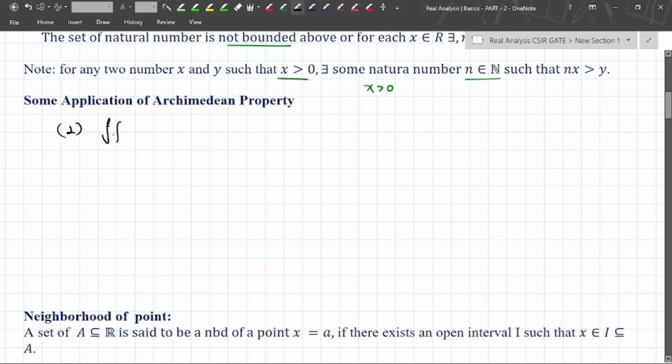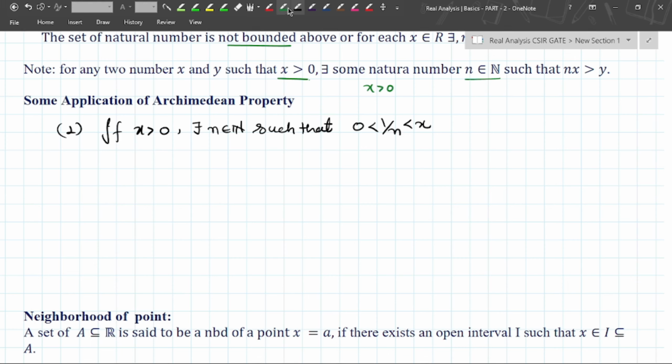So the very first one: if x is greater than 0, then there exists n belonging to the natural numbers such that 0 is less than 1 by n, which is less than x.